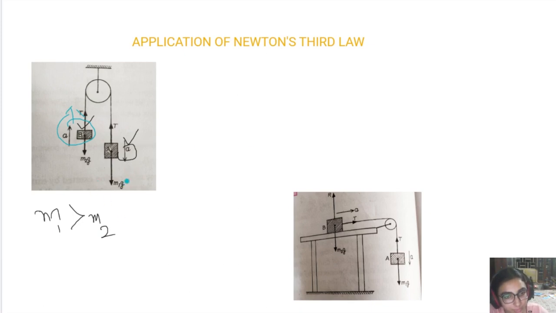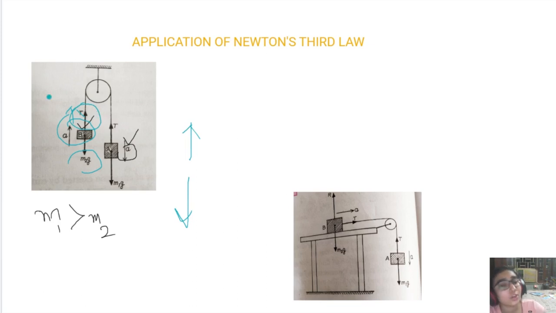If there's a force M1G, then there's also a force T, right? According to Newton's third law of motion, अगर नीचे की तरफ एक force होगा तो ऊपर की तरफ भी एक force होगा, right? And at the same time, here also, if there's M2G, then there's always a T balancing it.